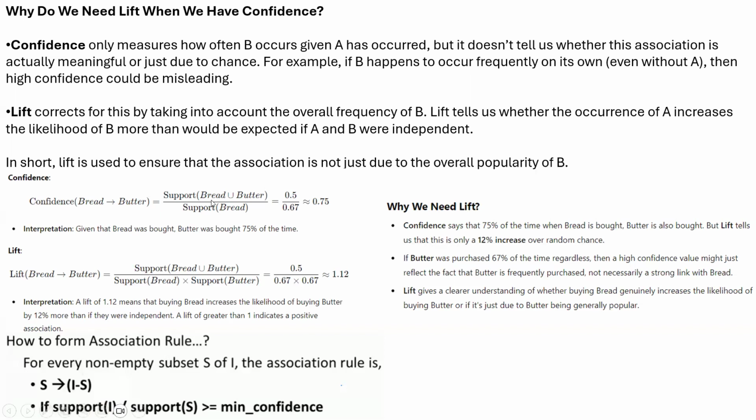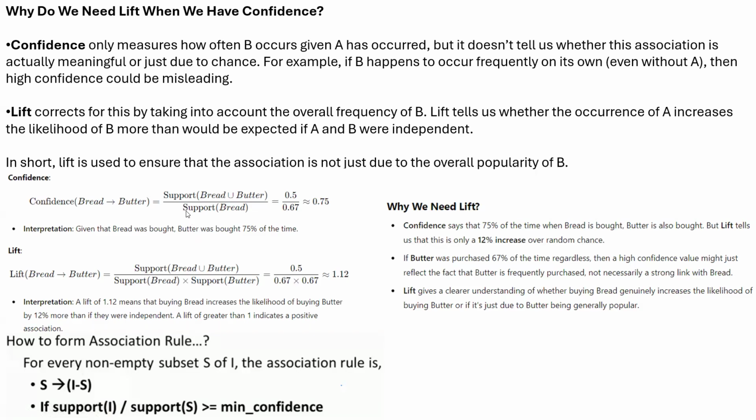Okay. So both of them occurred together in only 50 percent, but bread happened independently in 67 percent of the transactions. So they both together happened in only 50 percent, but bread independently happened more number of times. So that would be misleading, that you got 75 percent.